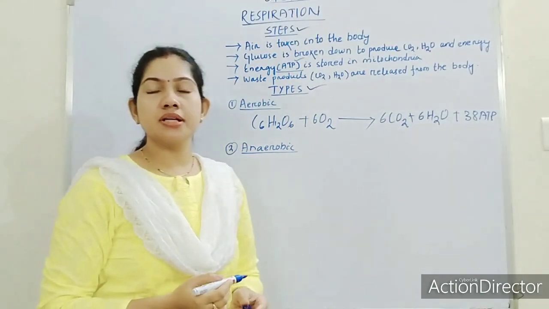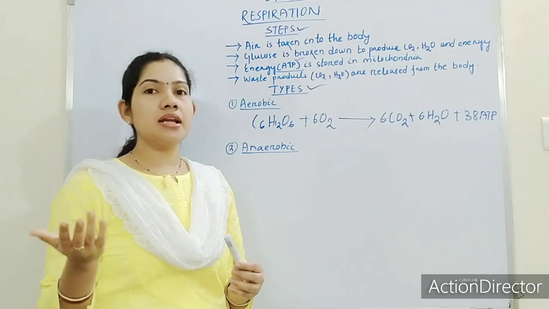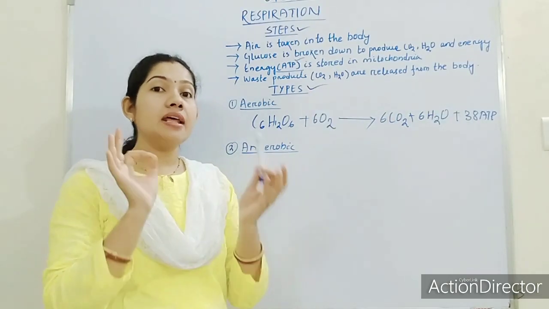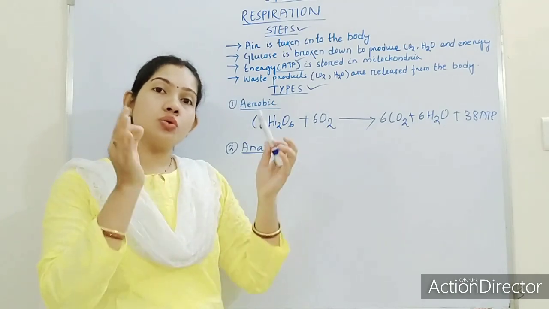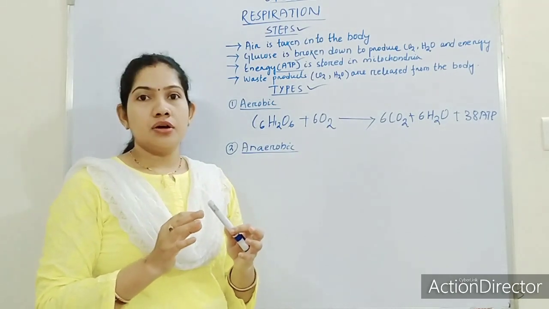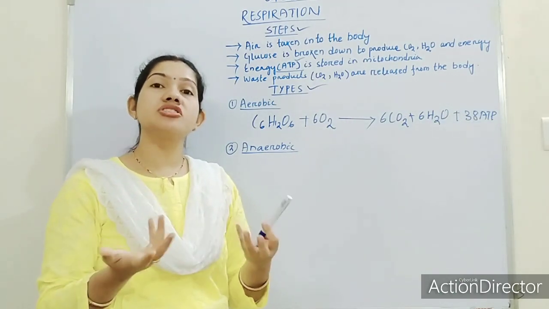The full form of ATP is adenosine triphosphate. In higher class you will read more details about this. ATP is an energy particle which is stored inside the mitochondria, and we can say ATP is the energy currency of our body.